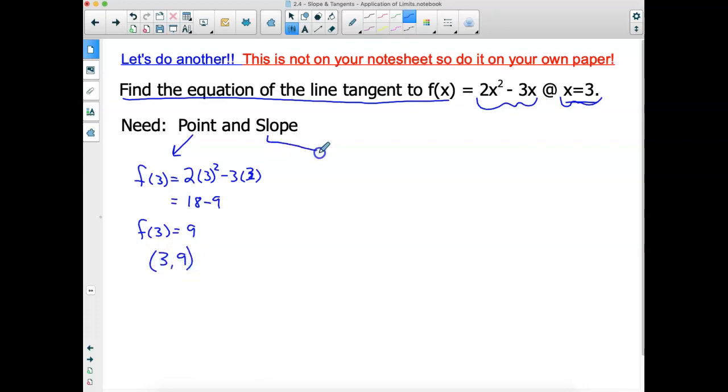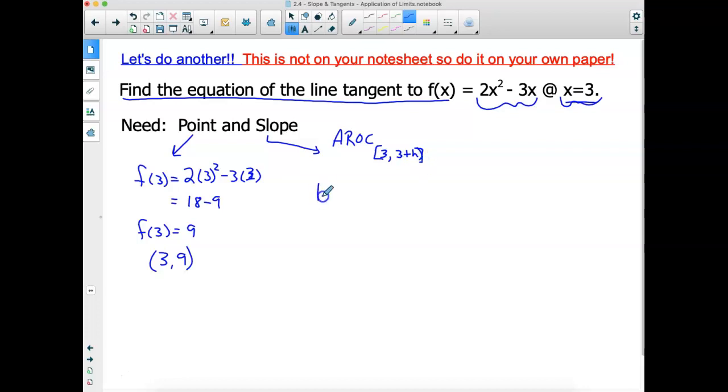My slope. I'm going to find the exact slope. I'm not going to approximate it because I know you guys are going to need practice with this. What we're going to do is find the AROC from 3 to 3 plus h, and we're going to do that by using a limit.